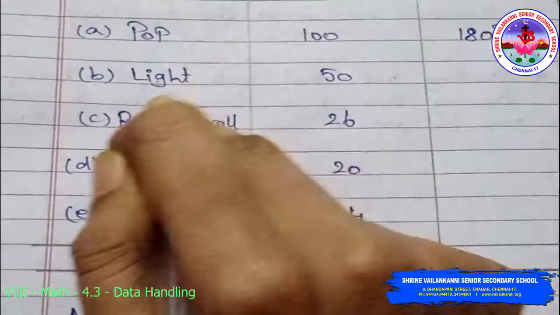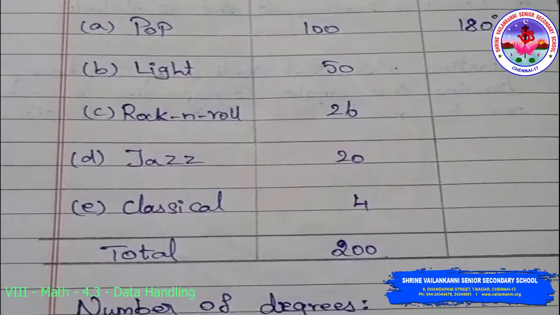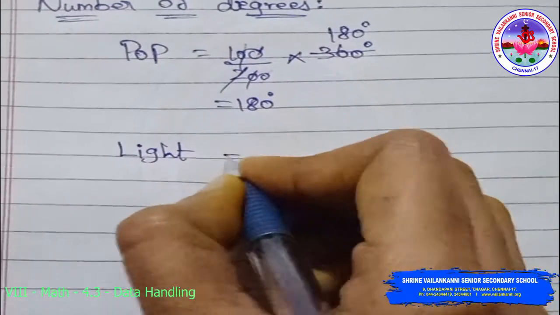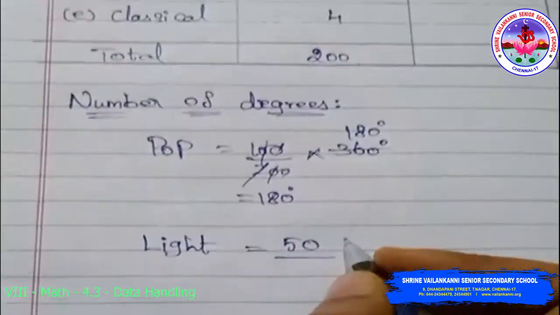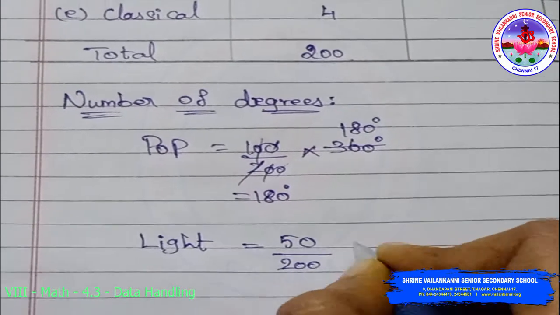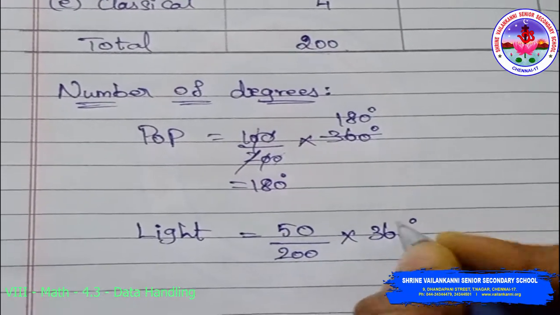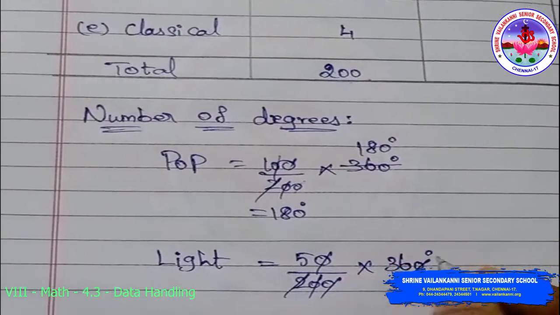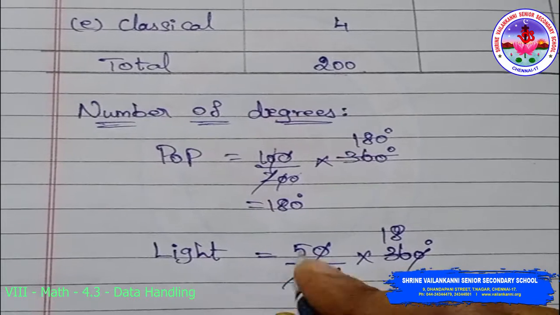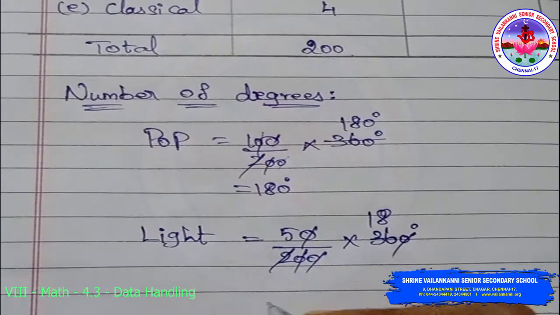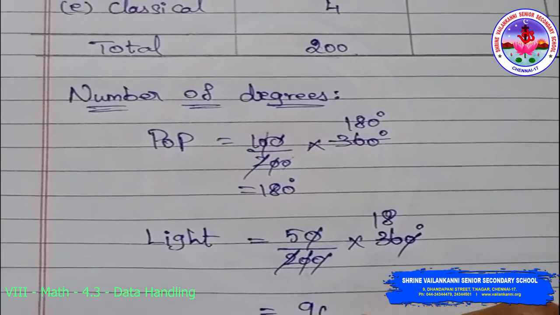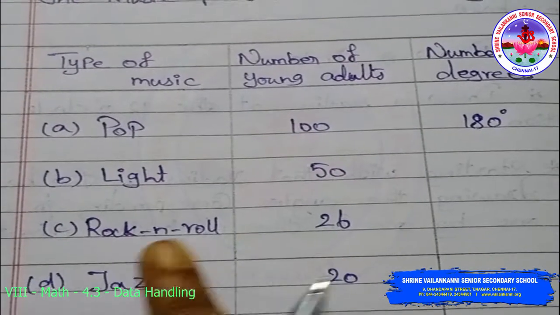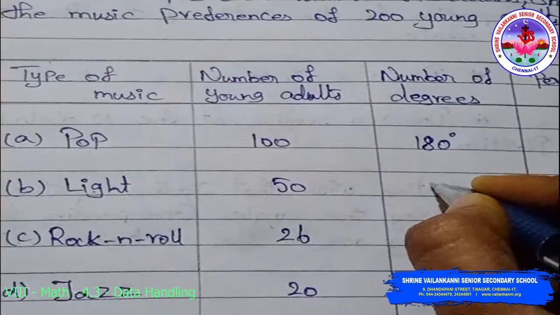The next one is light, that is 50 divided by the overall 200, times 360 degrees. Zeros cancel, 2 nines are 18, 5 times 18 is equal to 90 degrees. For light, the number of degrees is 90 degrees.